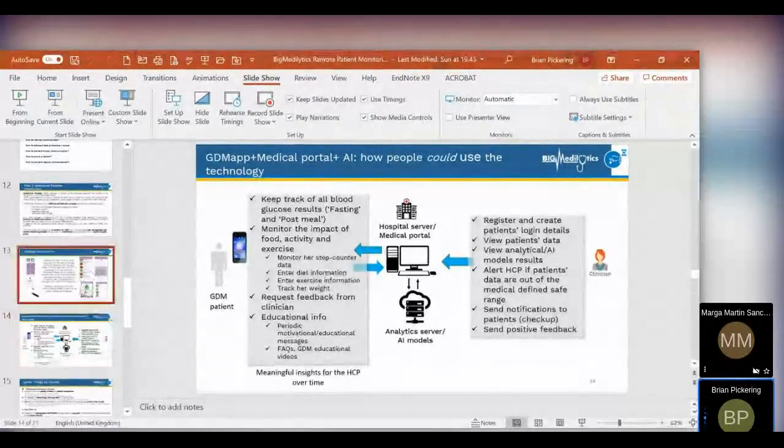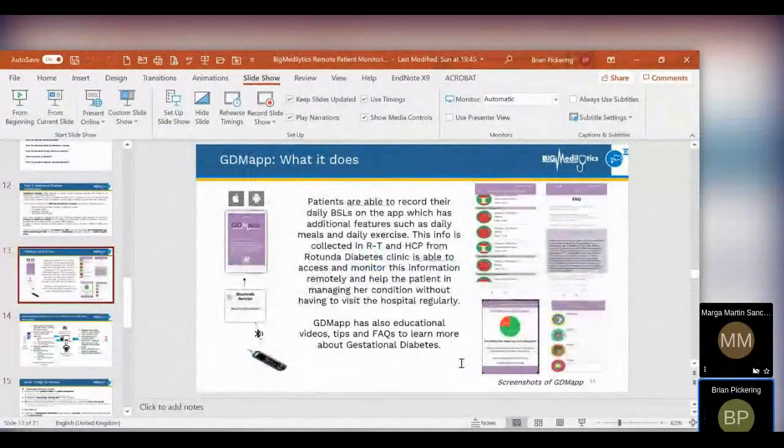The other thing I was interested in, going back to this slide: the incoming data, as I understand it, is the blood sugar level. Yes, this is the primary source of data. However, it is also extremely relevant for the clinicians to know whether the patient is following the indications about diet and exercise.